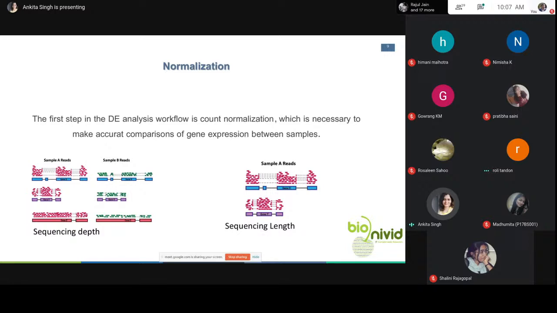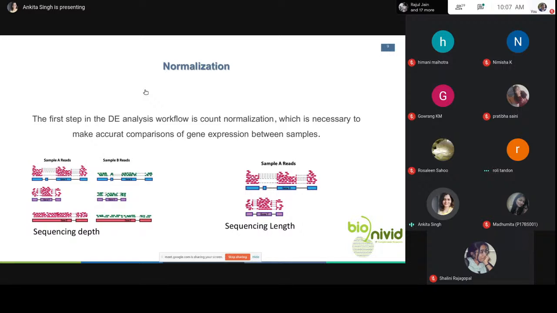So herein you can see that the amount of data is 50% less in sample B. So obviously, if a particular gene, say gene X, is present in sample A, due to the large amount of sequencing data generated during NGS library preparation, a large amount of data will lead to more reads on that particular gene.